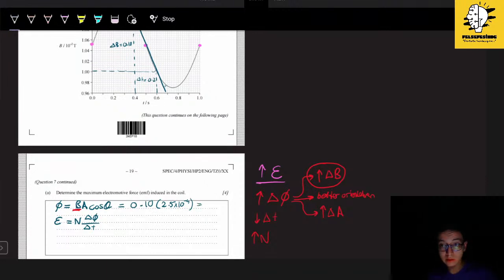And finding this, 2.5 times 10 to minus 4 times 0.10 will be equal to 2.5 times 10 to minus 5, right?